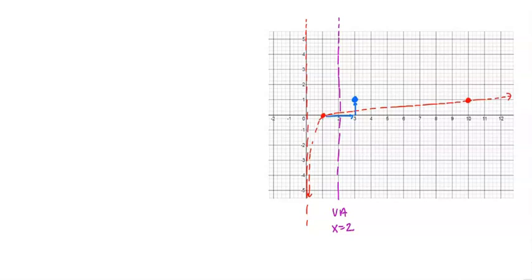Now let's follow this point that started at (10, 1). First I'm going to move this to the right 2 units. Now I'm going to think about a reflection in the vertical direction. Since it was 1 unit above, when it reflects, it's now going to be 1 unit below instead.